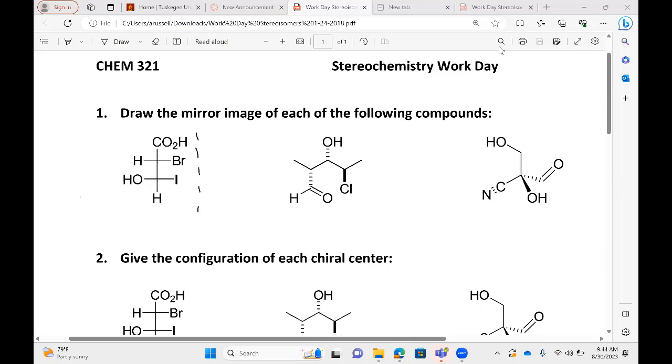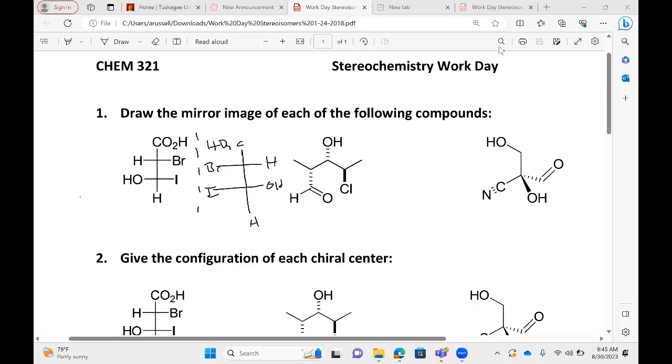What is that top atom? Would it look like this? Is that right? Br is going to see itself. Iodine is going to see itself. There's a hydrogen here. There is an OH here and an H here. Is that right? Yes.